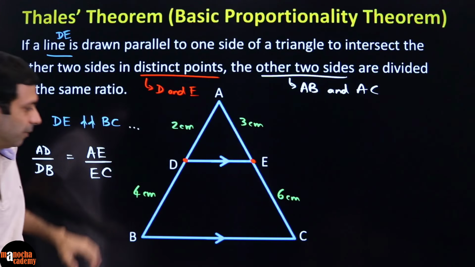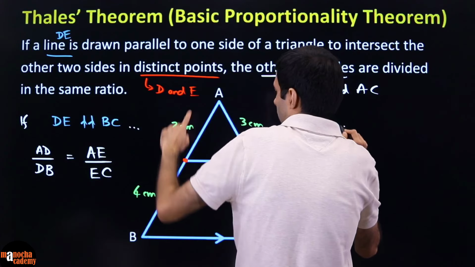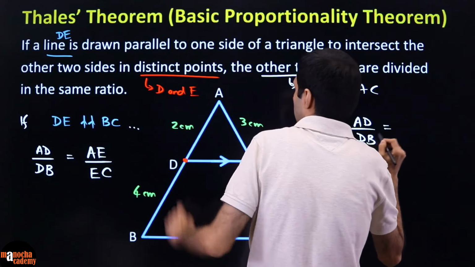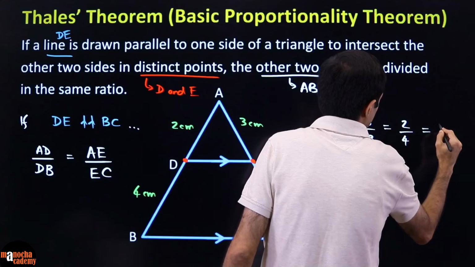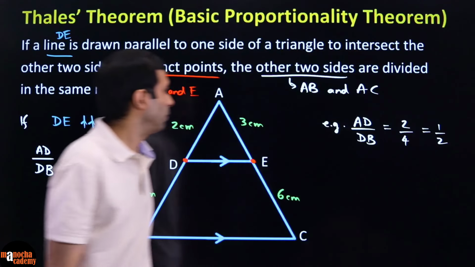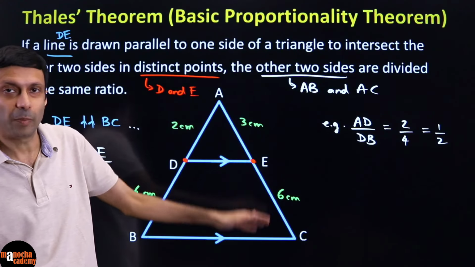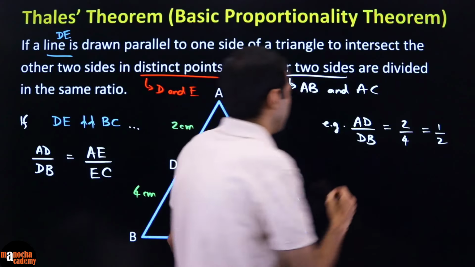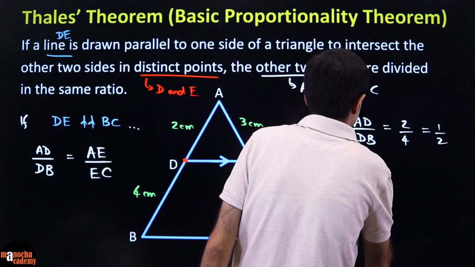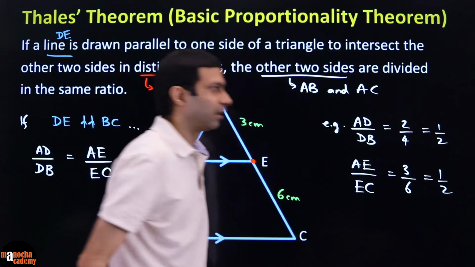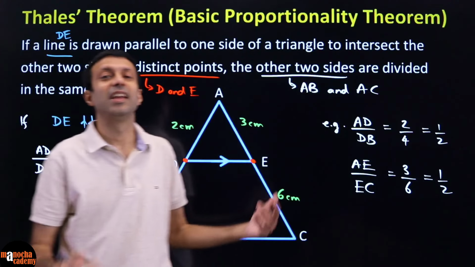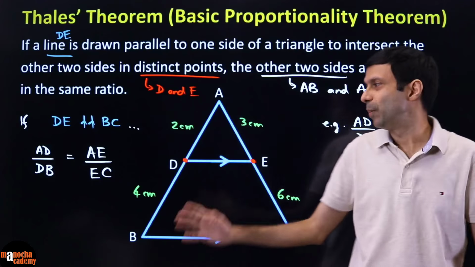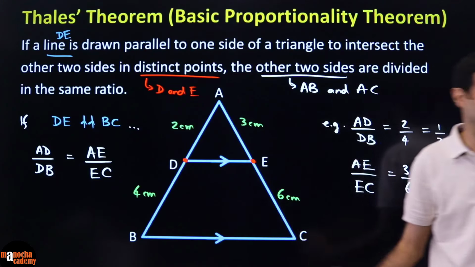AD is to DB, in our example, is 2 by 4, which is half here. And similarly, AE is to EC is 3 by 6, which is again half. So can you guys see that it is being divided in the same ratio? This is exactly what Thales Theorem or Basic Proportionality Theorem is.